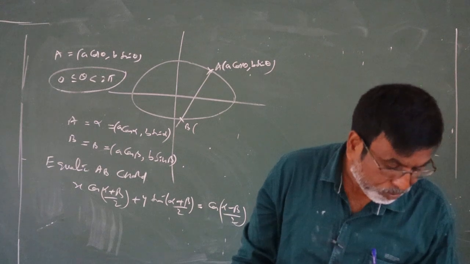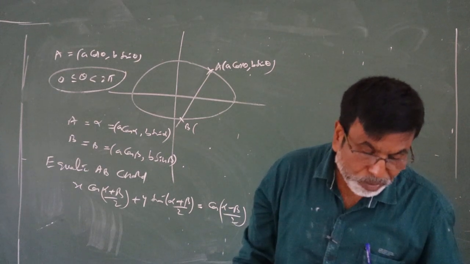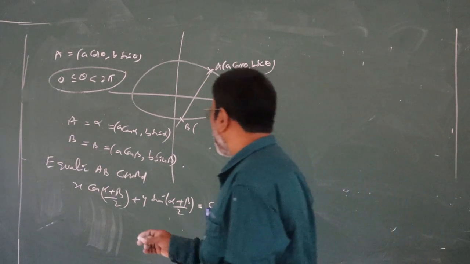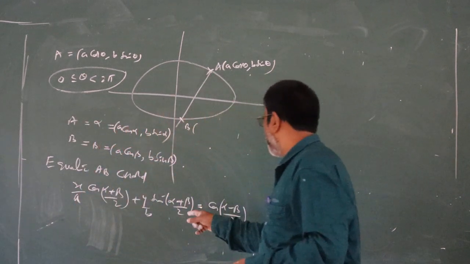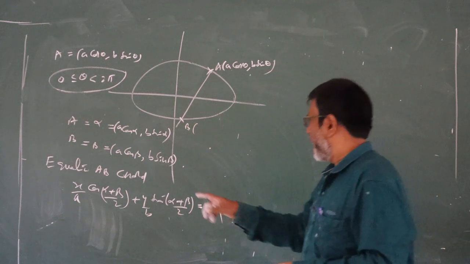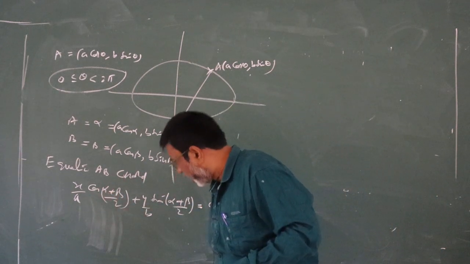So the equation of chord is x by a cos of alpha plus beta by 2 plus y by b sin of alpha plus beta by 2 equals cos of alpha minus beta by 2.